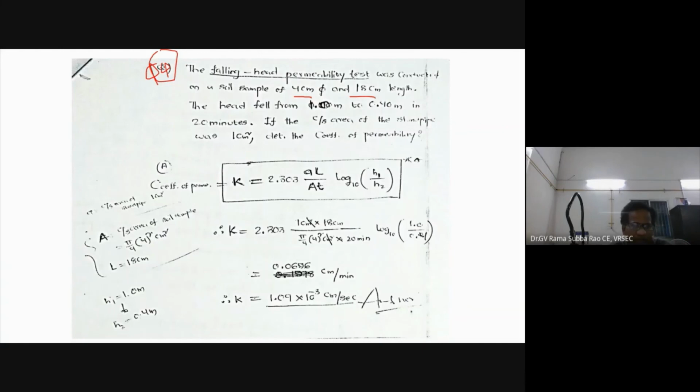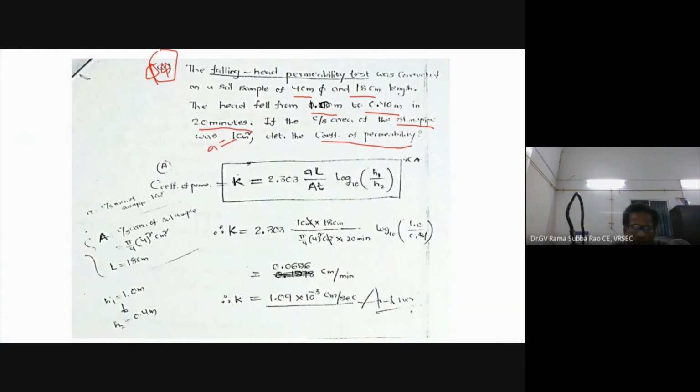The head fell from 1 meter to 0.4 meter in 20 minutes. If the cross-sectional area of the standpipe, small a, is 1 centimeter square, determine the coefficient of permeability of the soil.